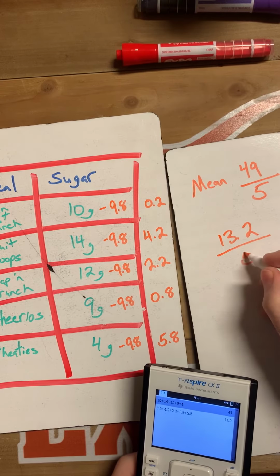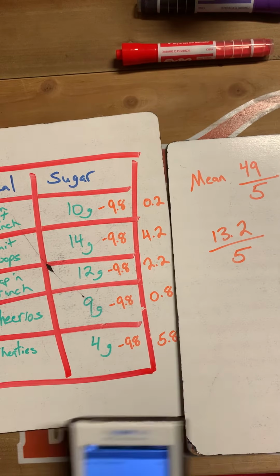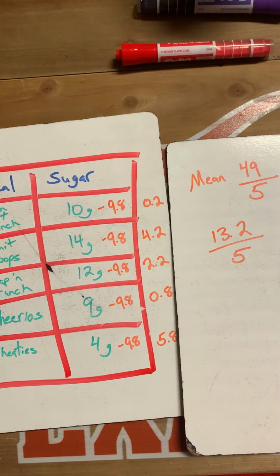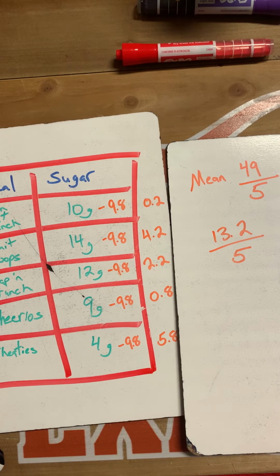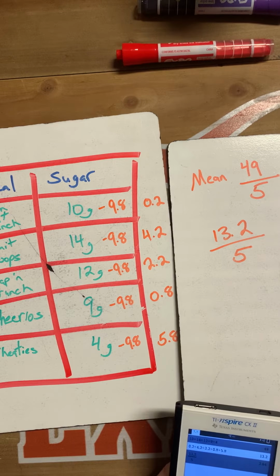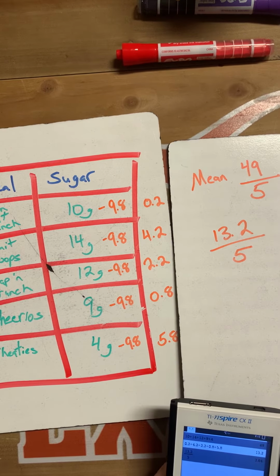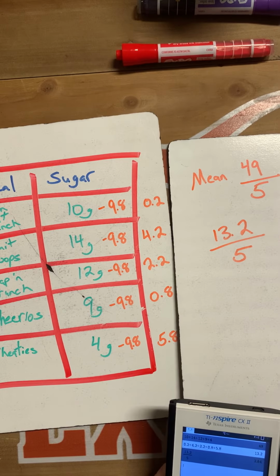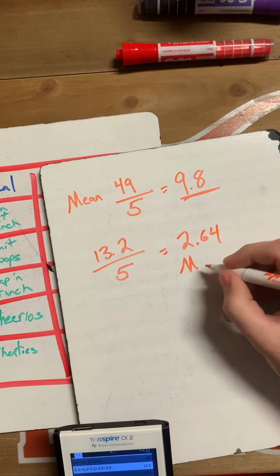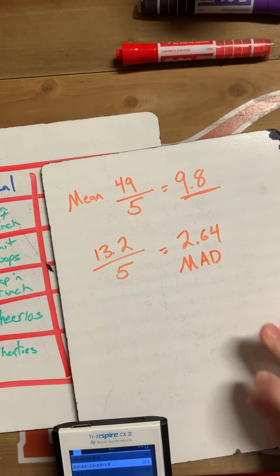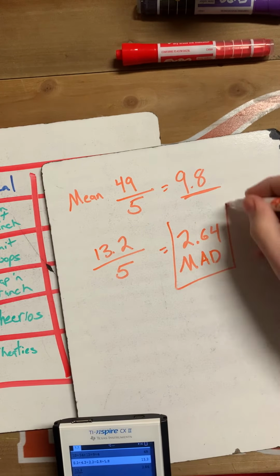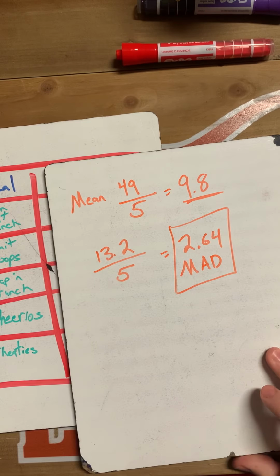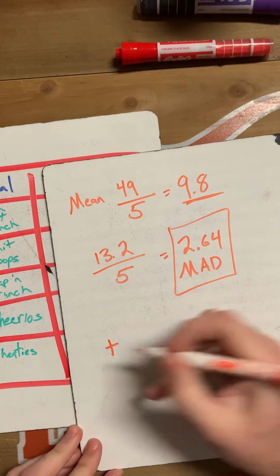And once again, we have to divide that by 5 because there were 5 numbers that we added together. I divide that by 5. My mean absolute deviation is going to be 2.64.